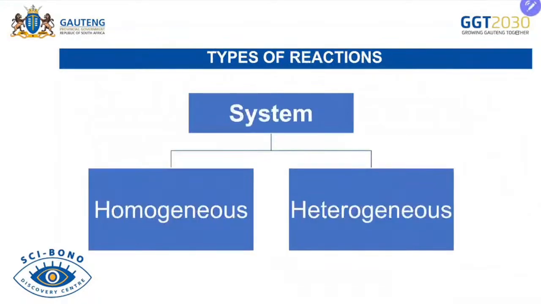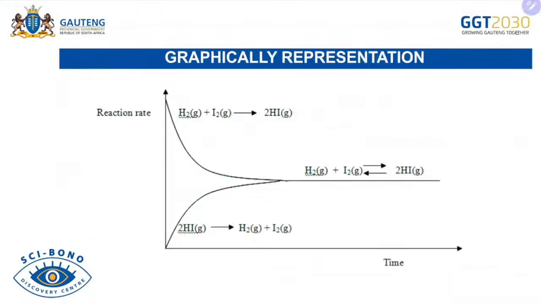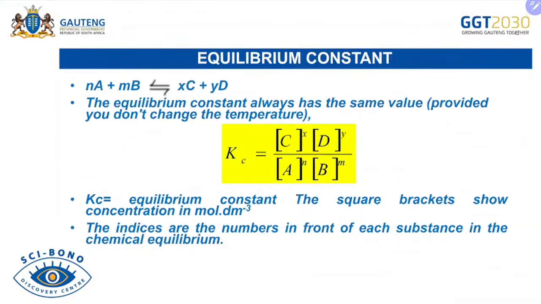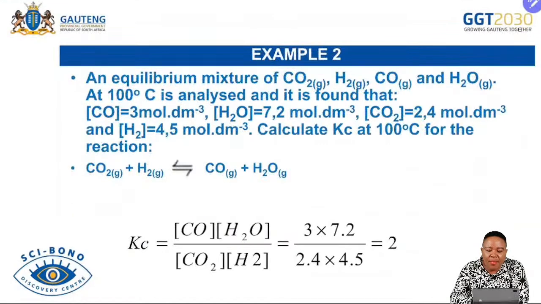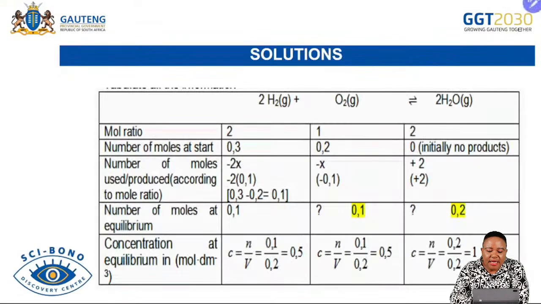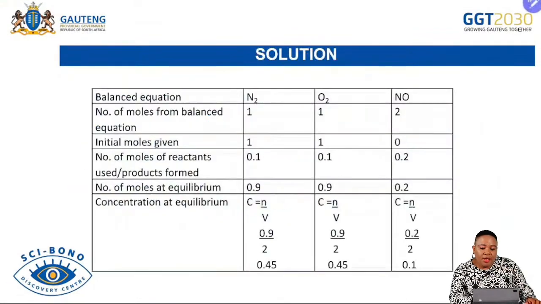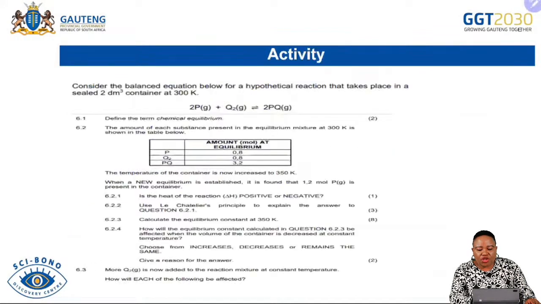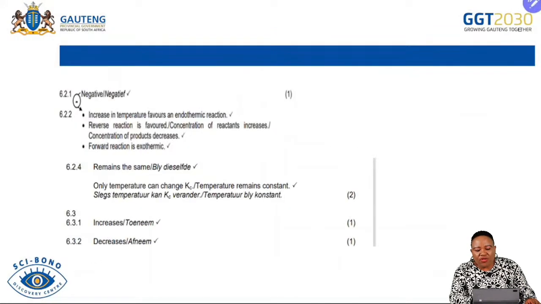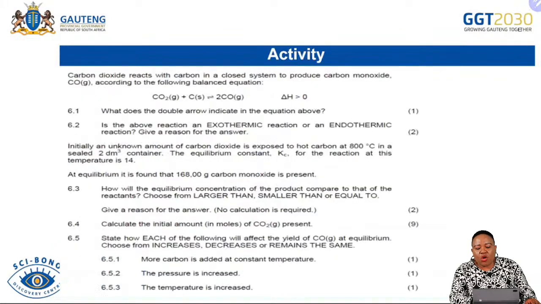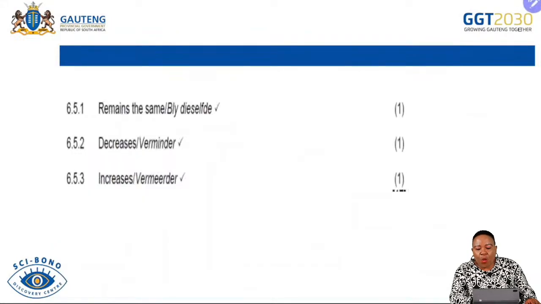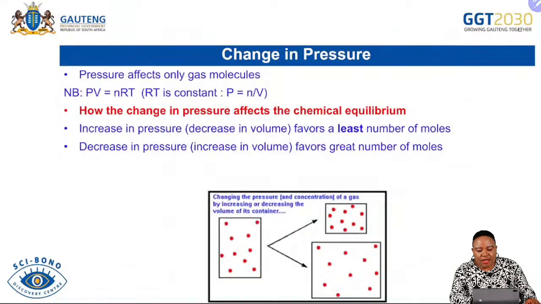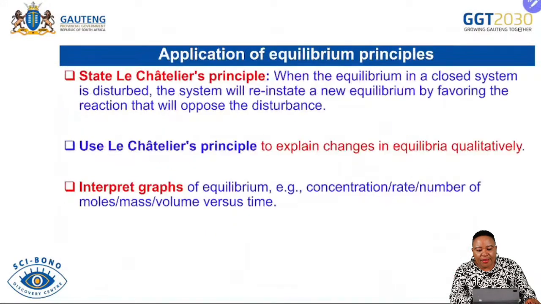Okay, we are now looking at the summary of all the changes that we have talked about that affect the equilibrium. In terms of concentration, the increase in the concentration of the reactants, any of the reactants, we definitely expect the forward reaction to be favored.